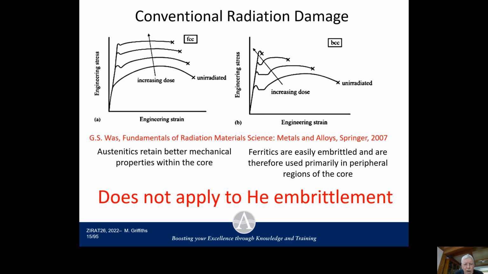And that's one reason why, if it's a low enough temperature, or certainly in a light water reactor operating at 300 to 350 degrees centigrade, you don't get ferritic steels used within the core. Of course, ferritic steels are used as the pressure boundary, but they're subject to a very low neutron flux.